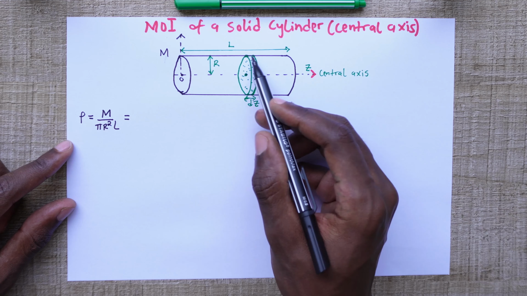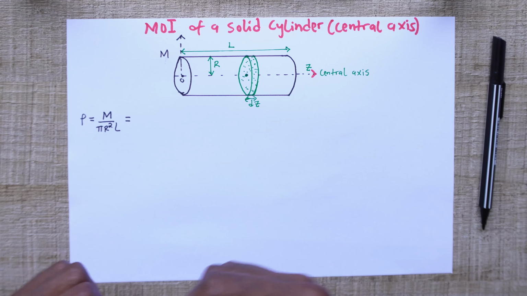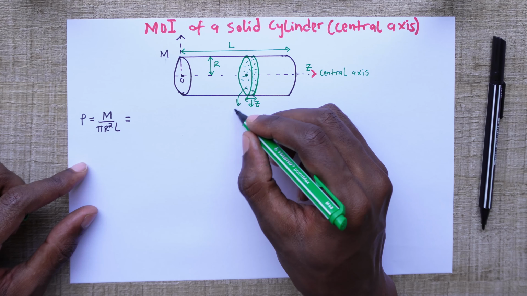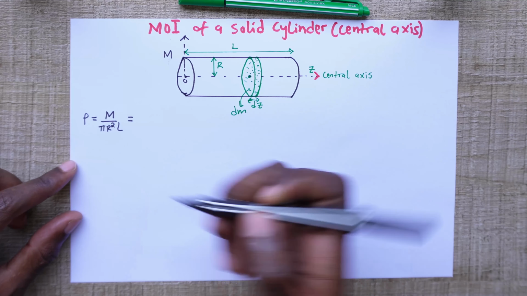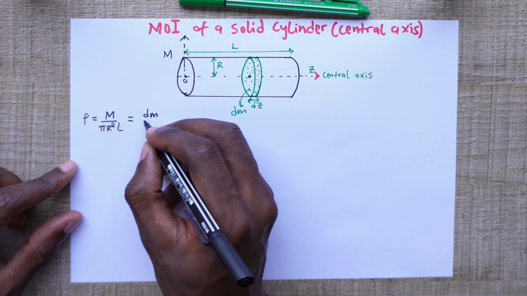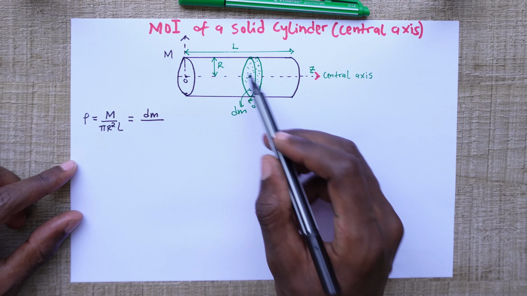can also be written in terms of the mass of the element. So here we have an element that has a mass dm. So we can say that rho is also dm divided by the volume of the element.